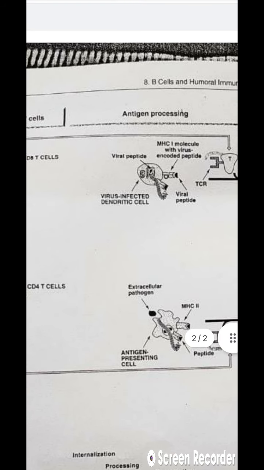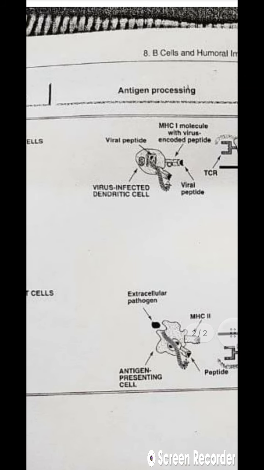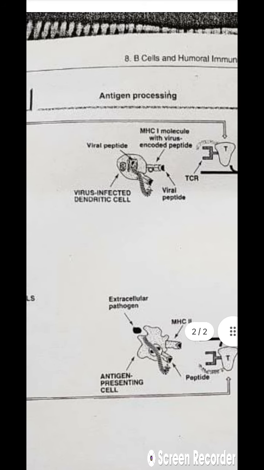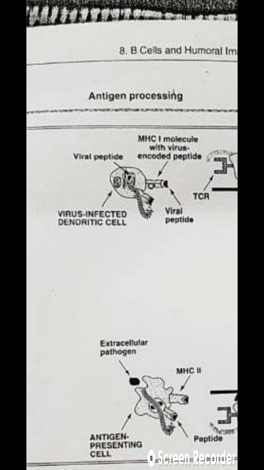So suppose one cell, it may be a neuron, it may be a central nervous system cell, it may be a lymphoid cell, it may be a skin tissue cell, it may be a gastrointestinal cell. They are infected by some virus or fungus or parasite. So what happens? See, this is the picture of the upper row. This is a virus infected dendritic cell.